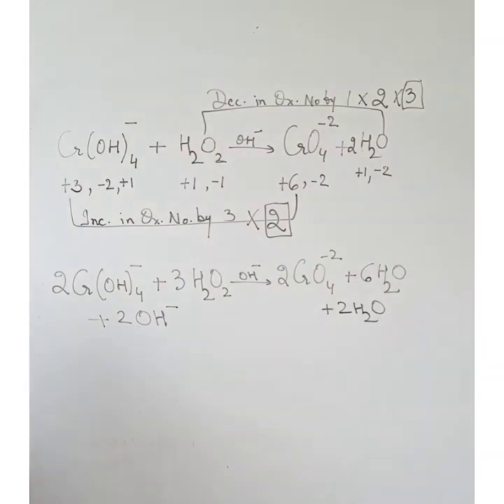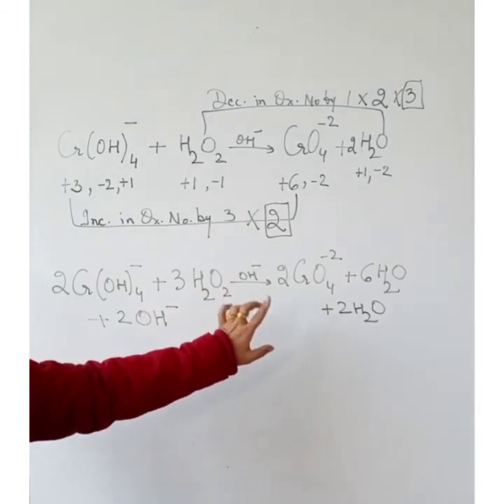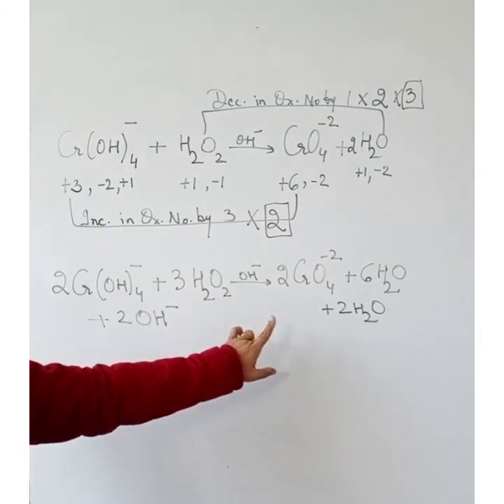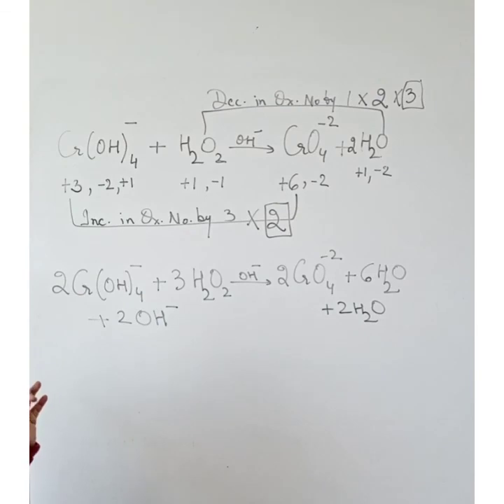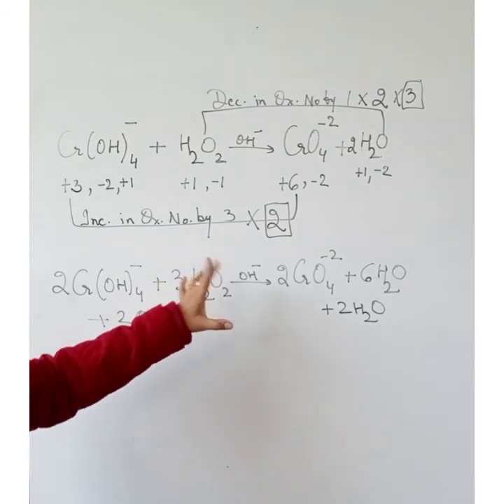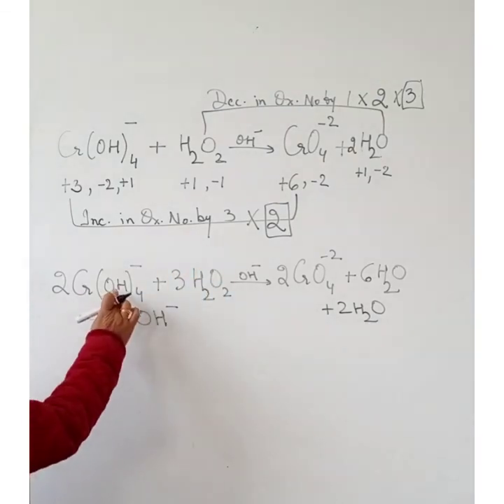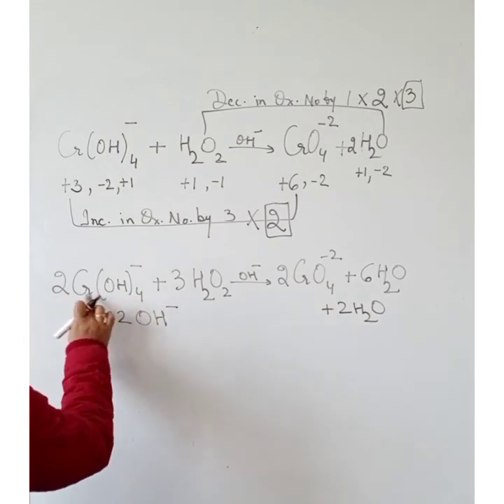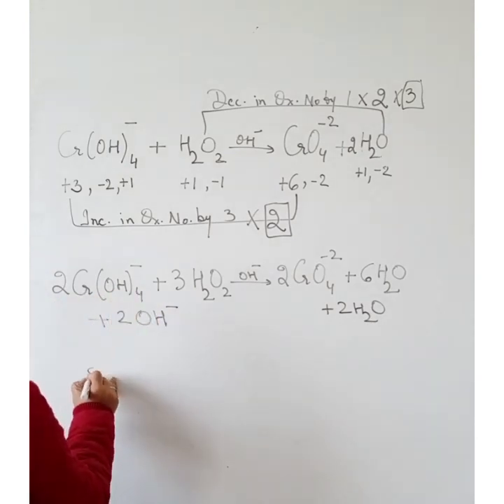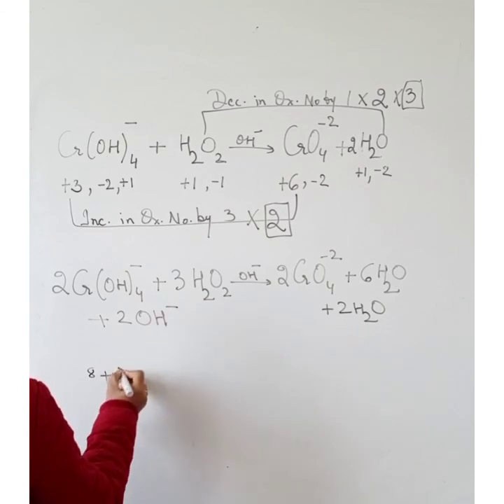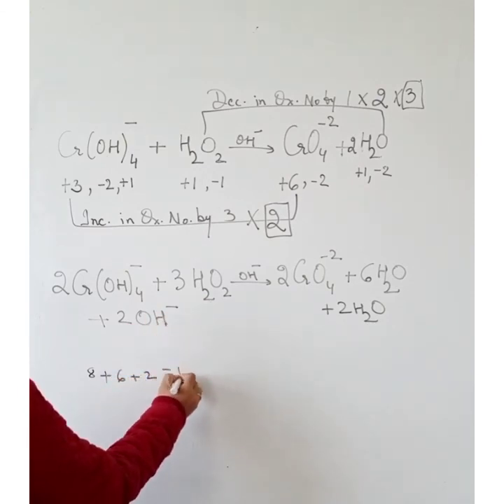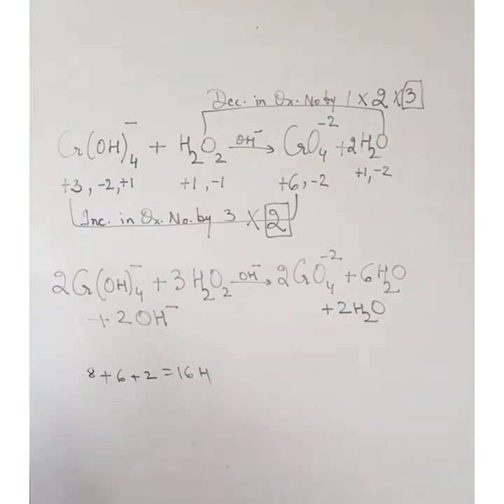Now check hydrogen atoms, which are affected by the medium. Hydrogen is balanced by adding water molecules on the deficient side and the same number of OH minus on the other side in the basic medium. Now let us see. 4 2s are 8 hydrogen here. 8 plus 3 2s are 6 plus 2, total 16 hydrogen on this side.